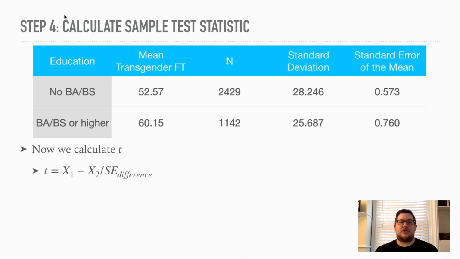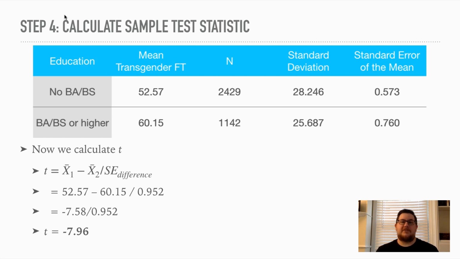It's just x1 minus x2, the mean of x1 minus the mean of x2, divided by the standard error of the difference. So here we have x1 is those without college degrees, divided by the standard error of the difference that we calculated on the last slide. And here's what we get. That's our t value. Okay, so t is negative 7.96.